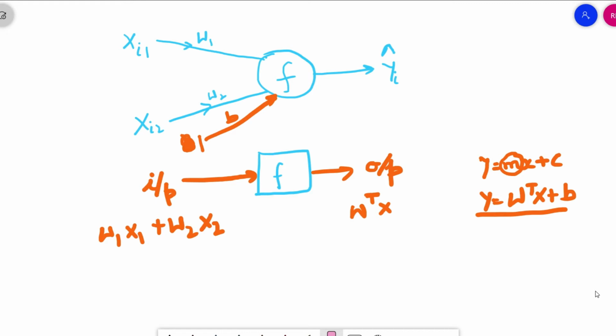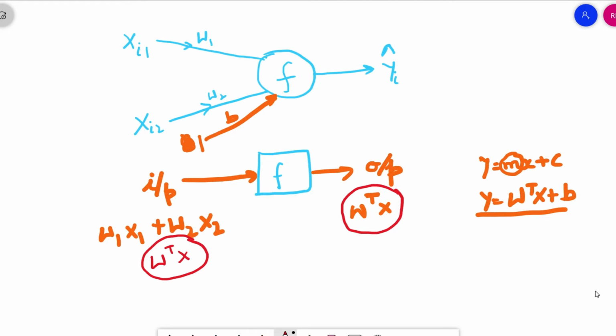And what do we have as the input? As the input, we have the components w1 and w2 being multiplied by the respective values of x1 and x2, or the dimensional features, and then being summed up. So this also turns out to be w transpose x. If you look closely here, our input, this value, is of the same form as our output, that is this value.